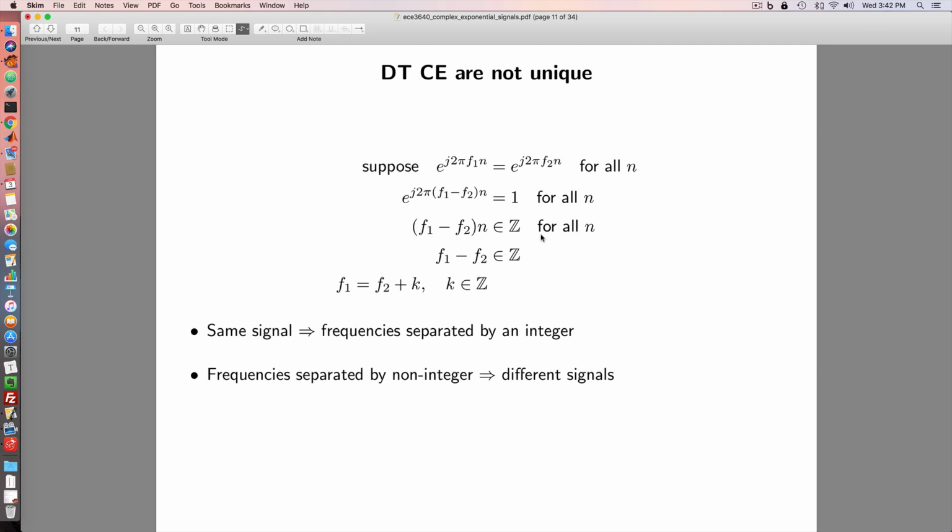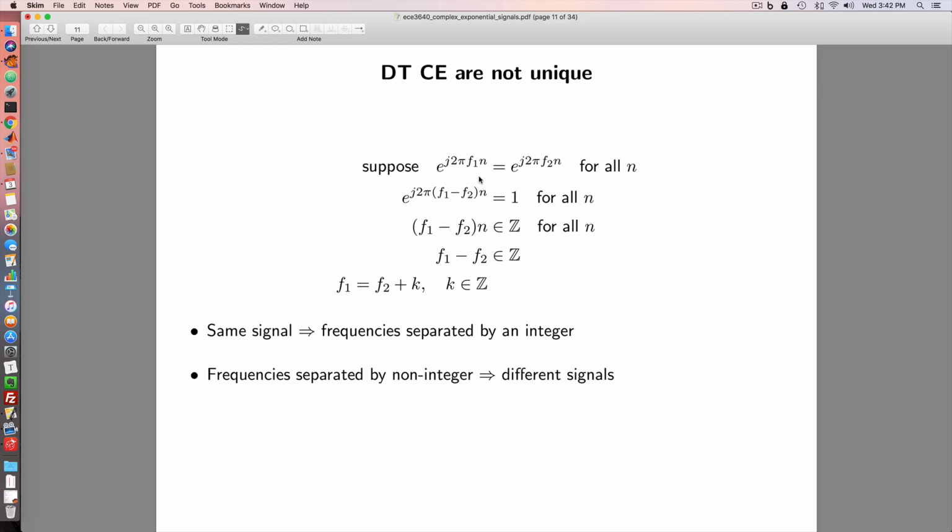And this expression has to hold for all integers n. Well, fortunately, n is an integer. So as long as f1 minus f2 is an integer, the product of two integers is still an integer. And so what this tells us is that f1 minus f2 has to be an integer, or in other words, that f1 is equal to f2 plus some integer.